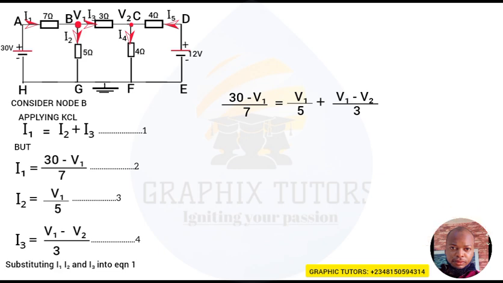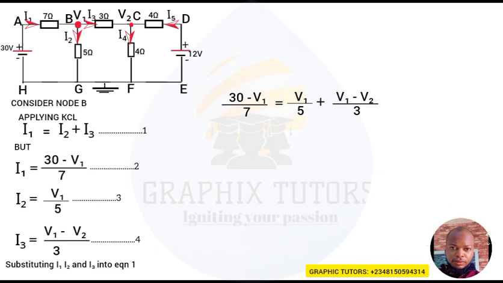If you look at that very well, what you are going to do is this. If you look at 30 minus V1 over 7, it's the same thing as saying 30 over 7 minus V1 over 7. Is that okay? Because they have the same denominator.